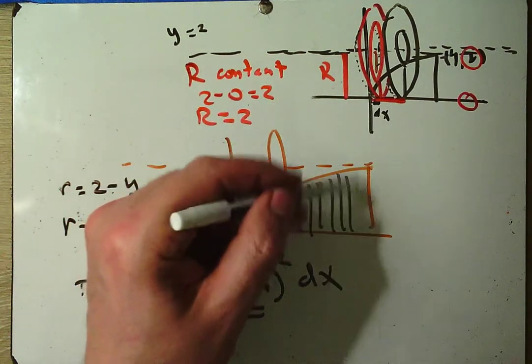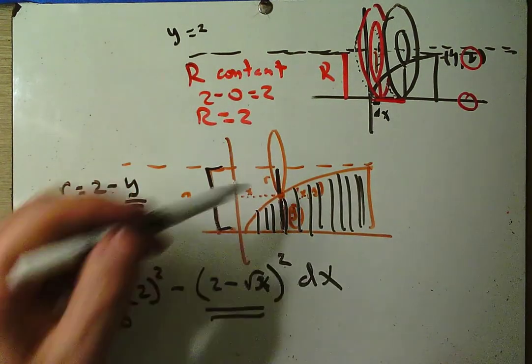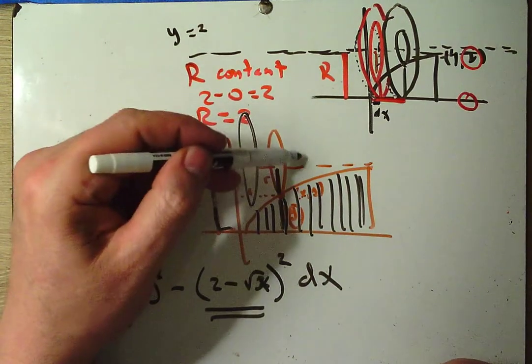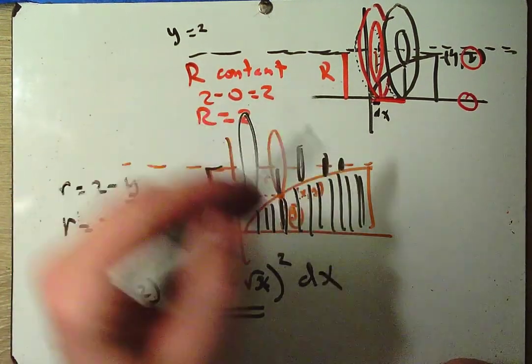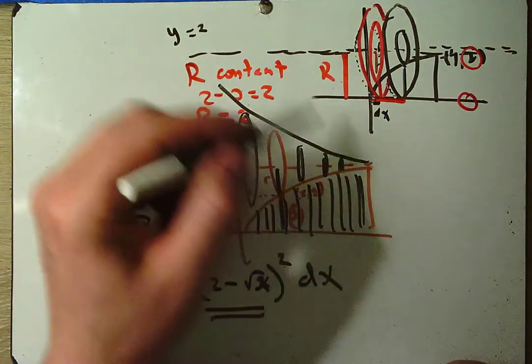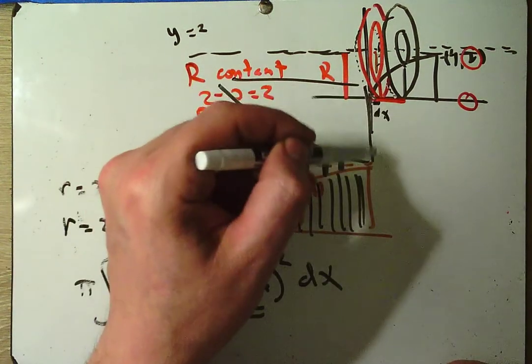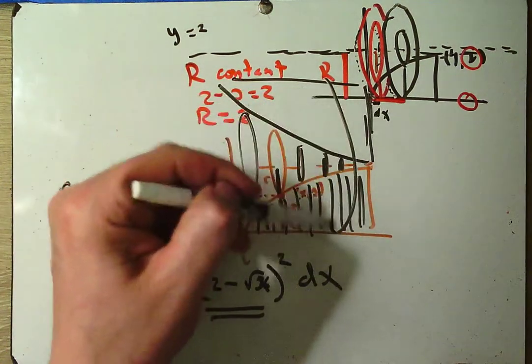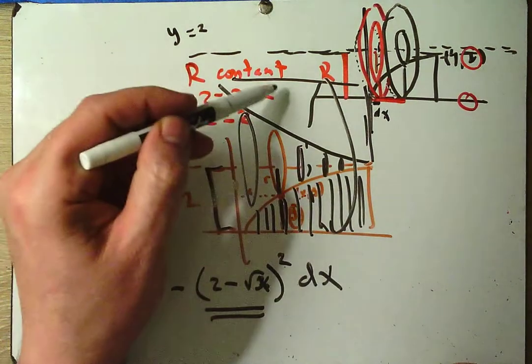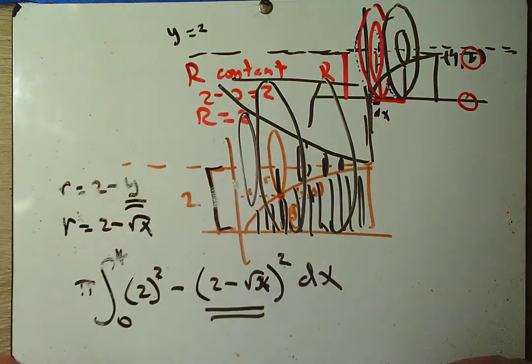We have all these slices that we're doing. We're making all these, and then we've got this up here. So what does that look like?